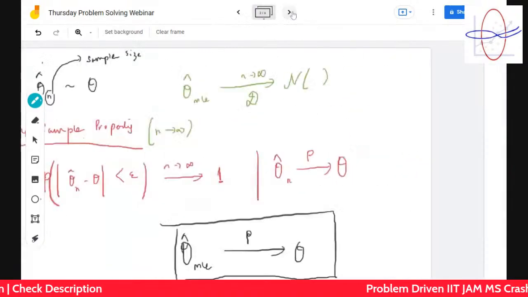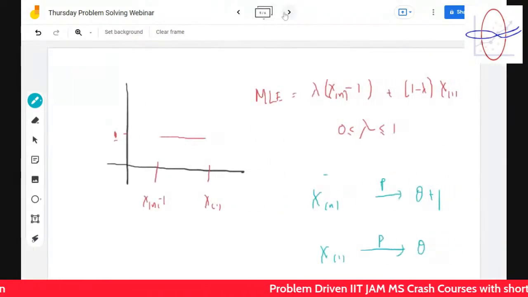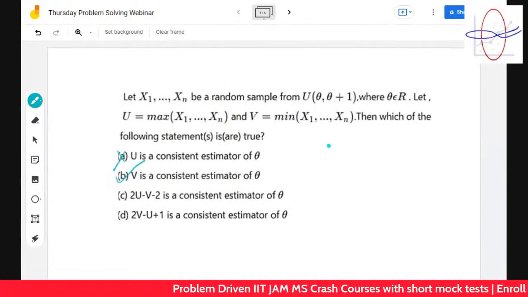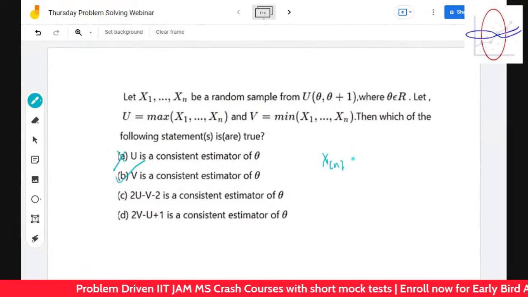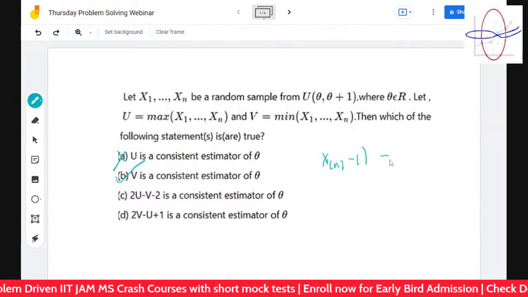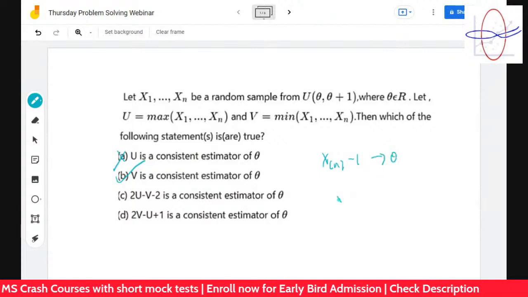2U minus V minus 2. So we have Xn minus 1, we have X1.